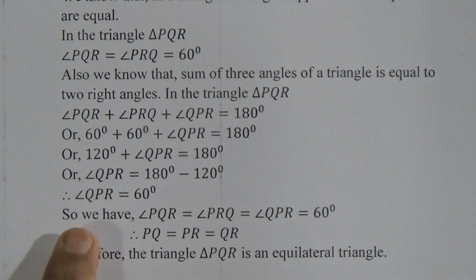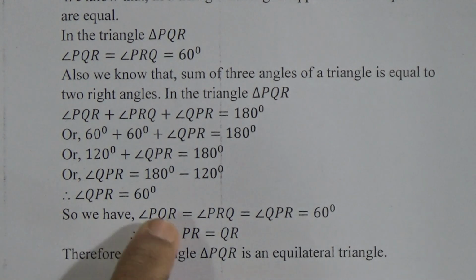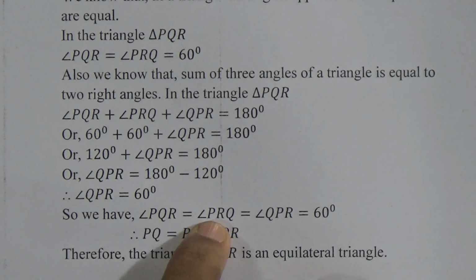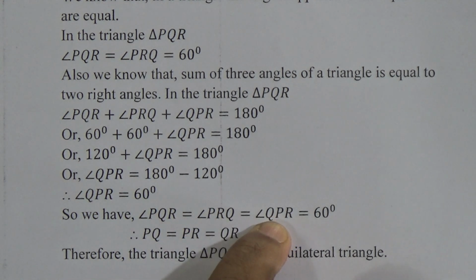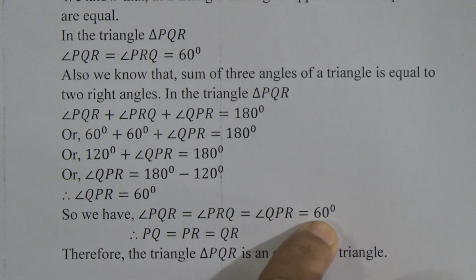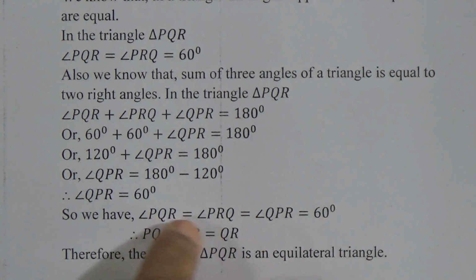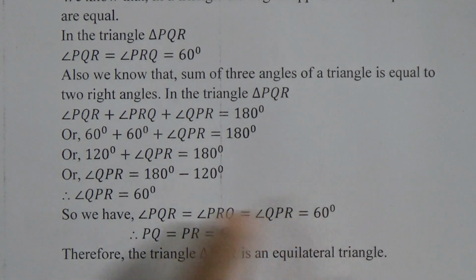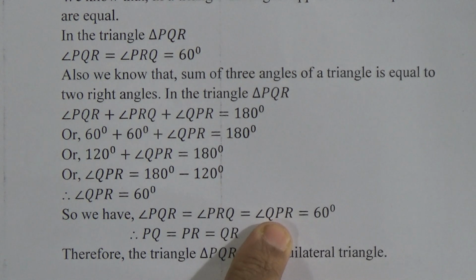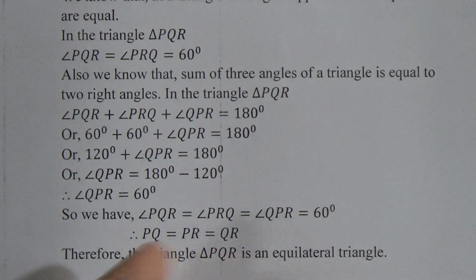That means we can write that angle PQR equal to angle PRQ equal to angle QPR, that's equal to what? 60 degree. That means all the angles' value is 60 degree. So these three angles are equal to each other. That means the sides are also equal, because if the angles are equal, then the opposite sides are equal.